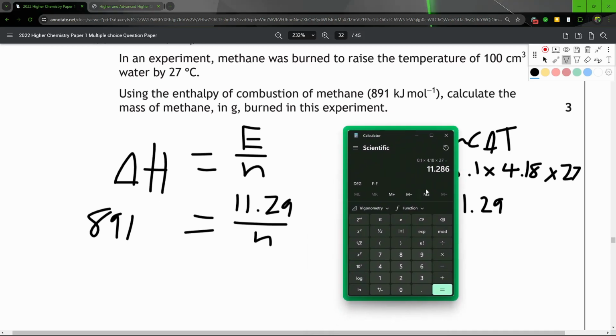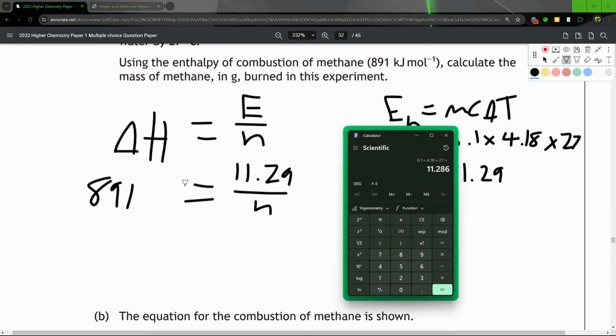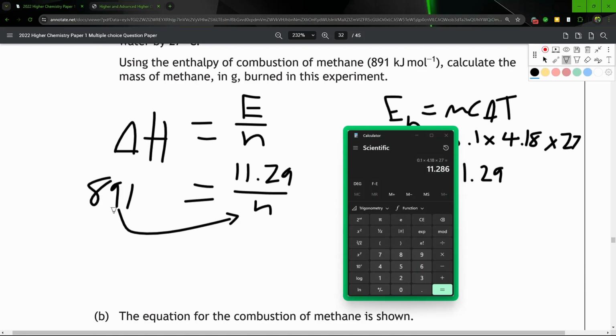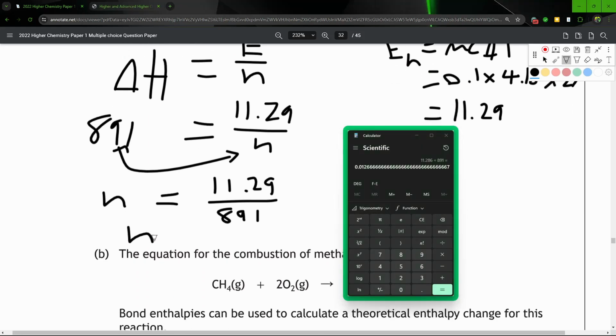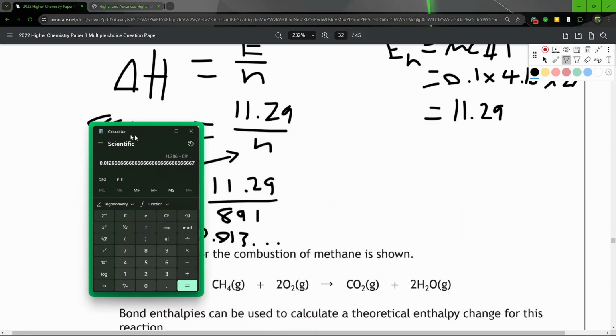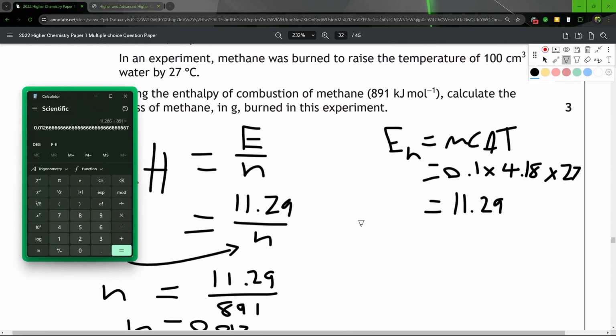With these fractions, you can actually swap these two around, so we'd get n equals 11.29 over 891. So I'll divide this by 891. What do we get? We get this number. This is how many moles of methane. Remember, keep the numbers in your calculator as much as possible.